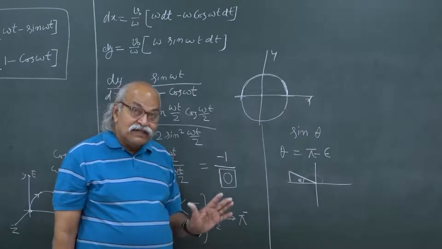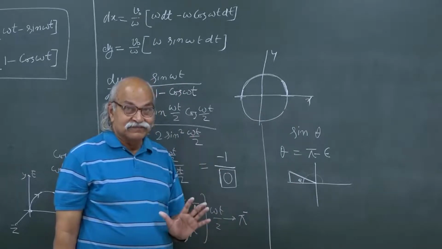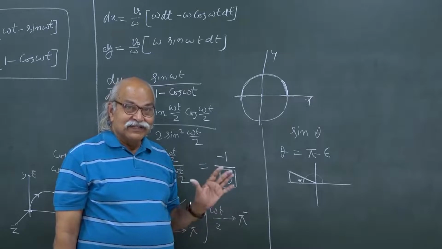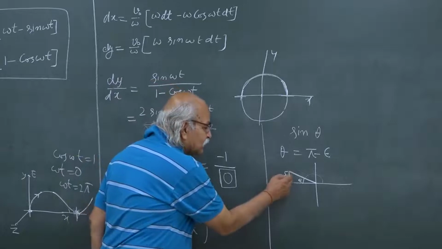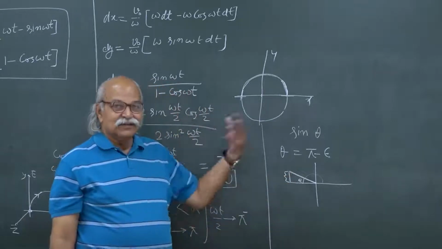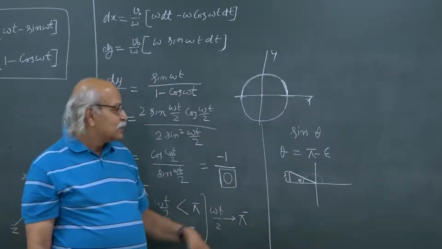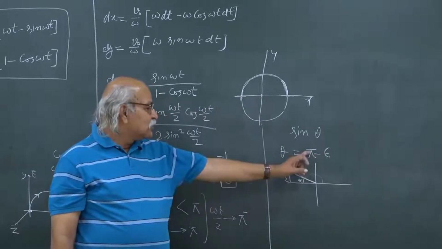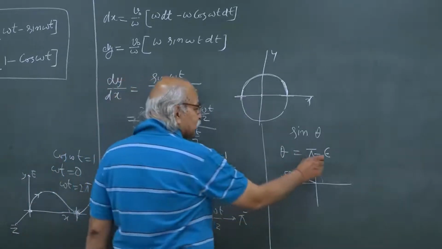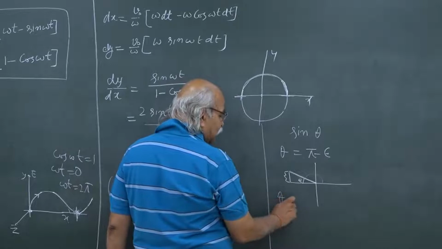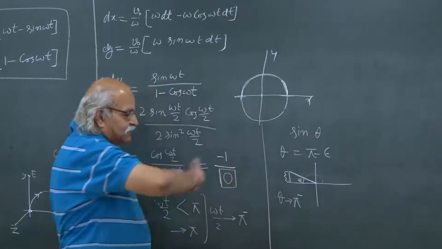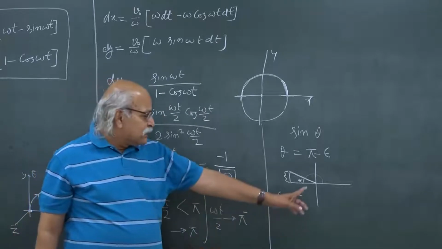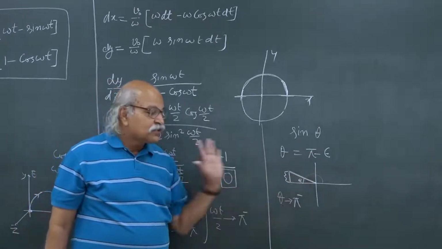But always it is positive. It becomes smaller and smaller as epsilon tends to 0, as theta tends to pi, but from the negative side, from the left side.